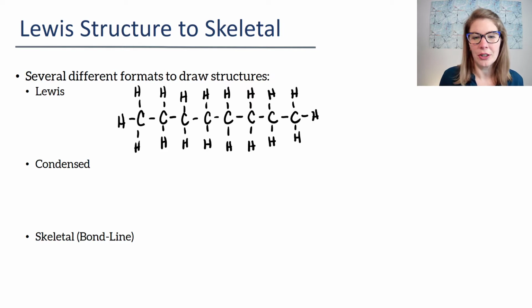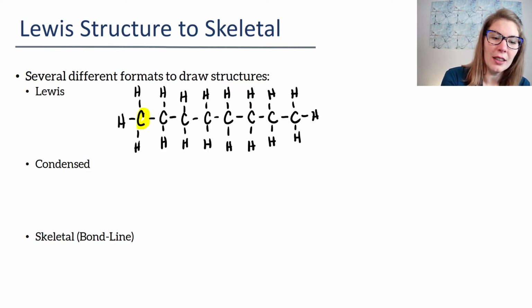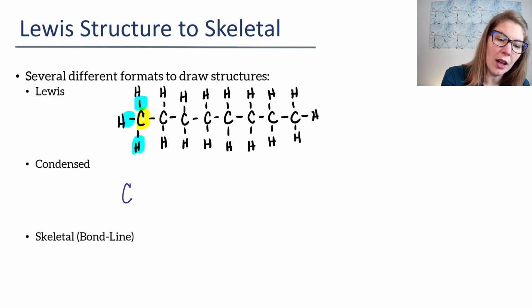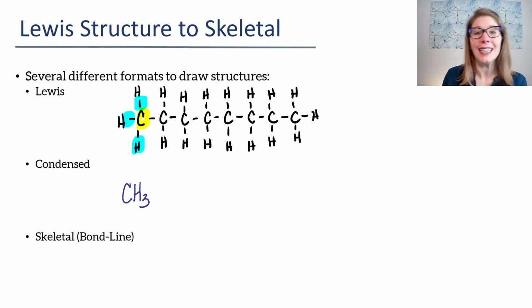The condensed structure works like this. You look at the carbon and you see that you have 3 hydrogens attached to that carbon. You draw the carbon and you condense the bonds to the hydrogen by not drawing them. You're saying I have 1 carbon and 3 hydrogens attached.